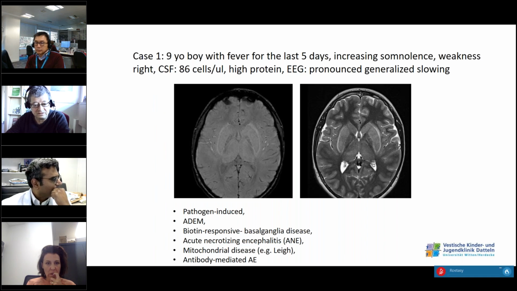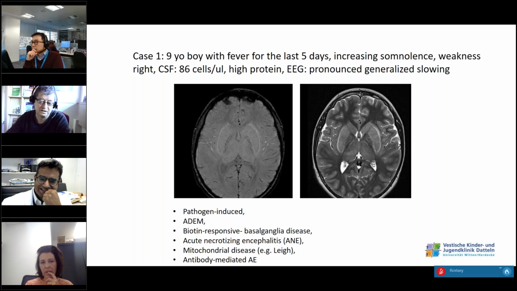Here is an interesting patient, a 9-year-old boy with increasing somnolence and weakness. He had an elevated CSF cell count and a high protein, and the initial EEG showed generalized slowing.